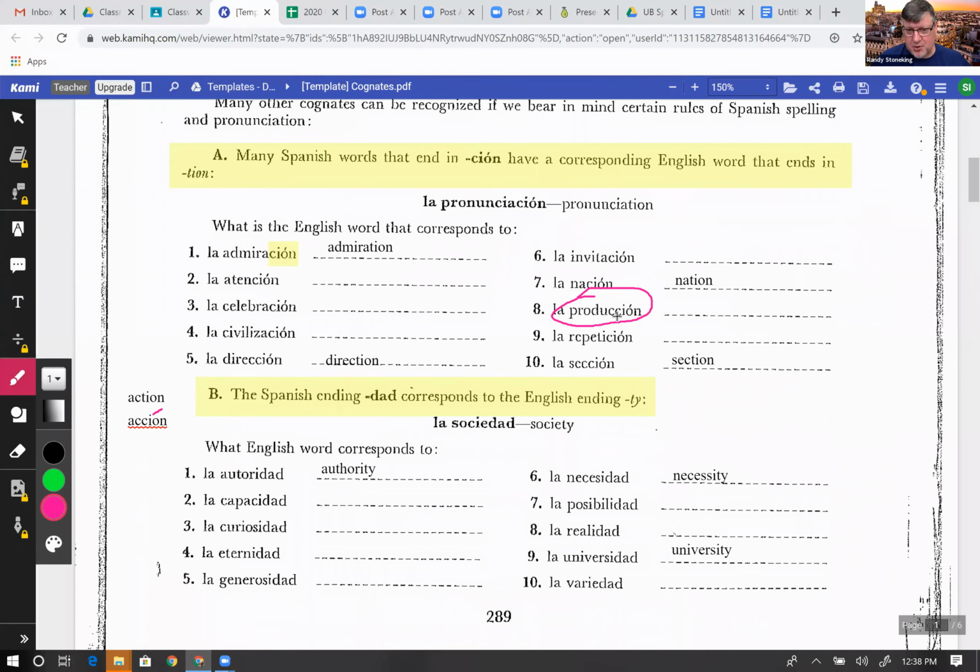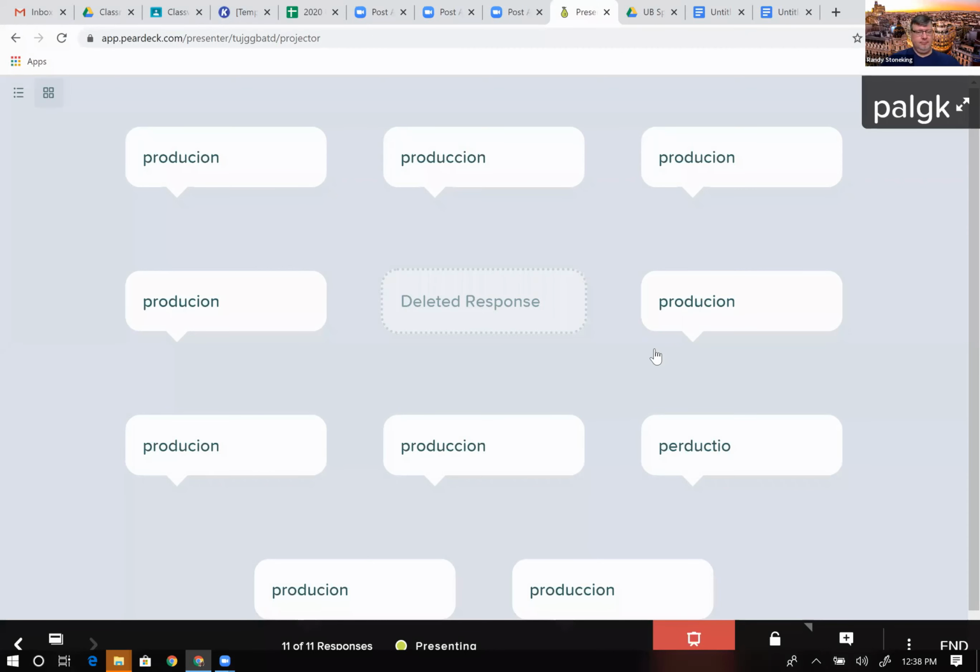It's actually got two C's in it. So we have the product part, and then we have the T-I-O-N, which becomes the C-I-O-N. So we get the two C's there, producción. That one's a little tricky, but again, just applying that pattern.